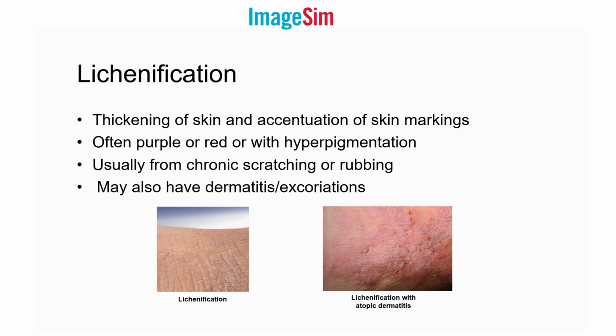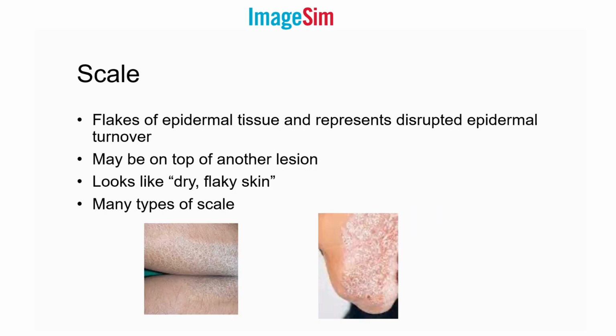It may also have associated dermatitis or excoriations. A scale is flakes of epidermal tissue that represents disrupted epidermal turnover. It may be on top of another lesion. It looks like dry, flaky skin, and there are also many types of scale.